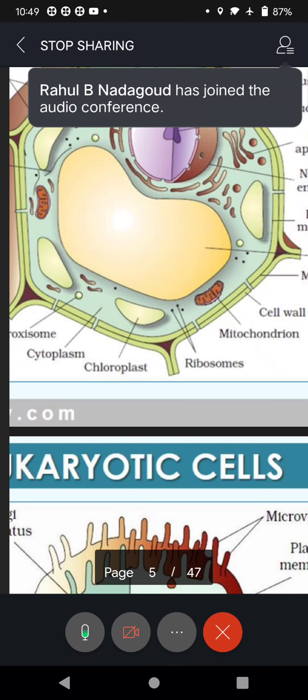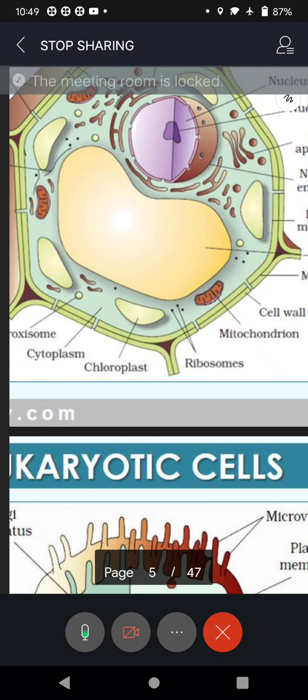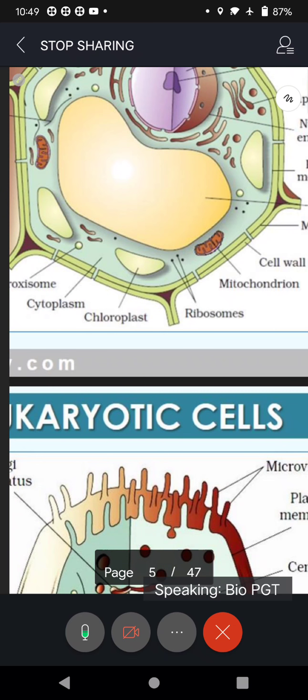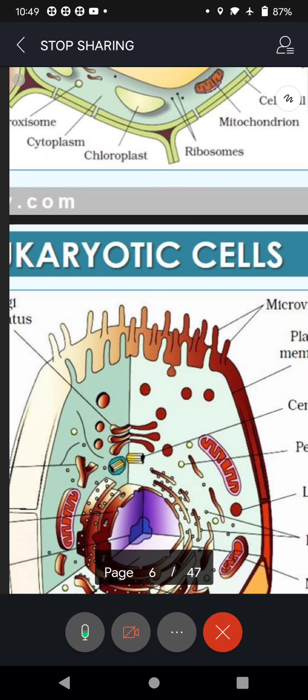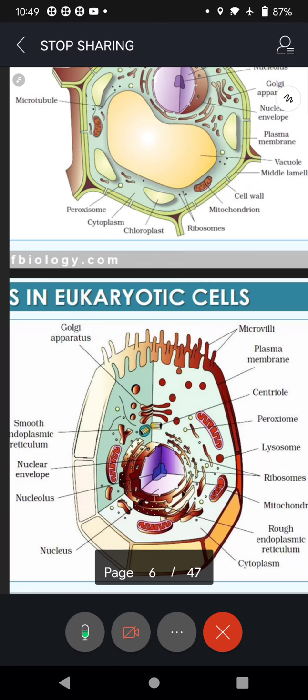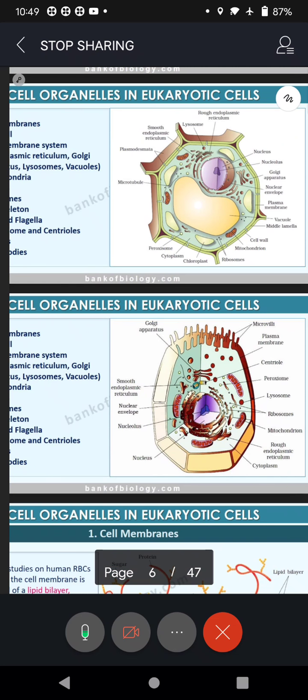I said digestive enzymes will be there inside. So if vacuoles are removed, no digestion, no excretion, no enzymes. So the cell will have a lot of problems. Like this, try to write at least 1 or 2 sentences about each label. Am I clear? At least 1 or 2 sentences about that.